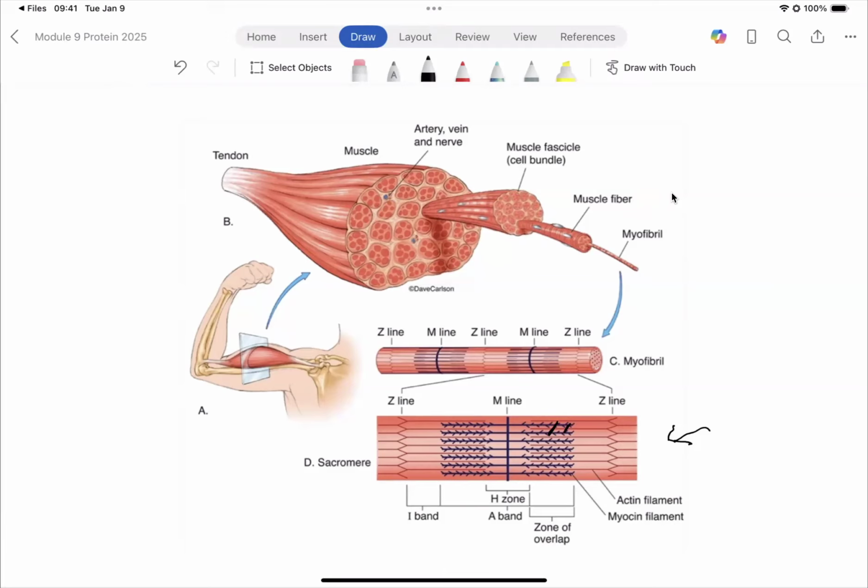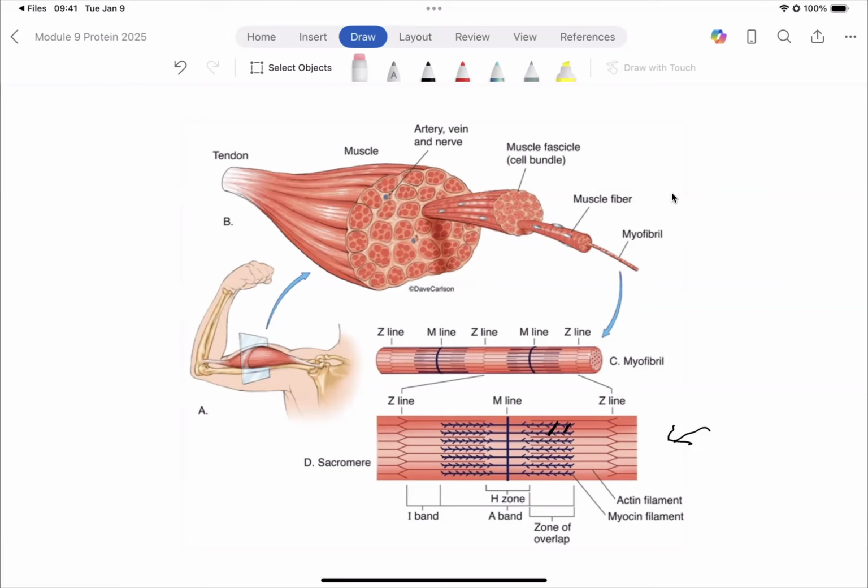So the way it contracts is that it catches on itself and it contracts. And when that happens, the actin and myosin combine and you get actomyosin. So when your muscles contract, that's what happens. They kind of climb the ladder like that. And then it relaxes and then it climbs the ladder again.